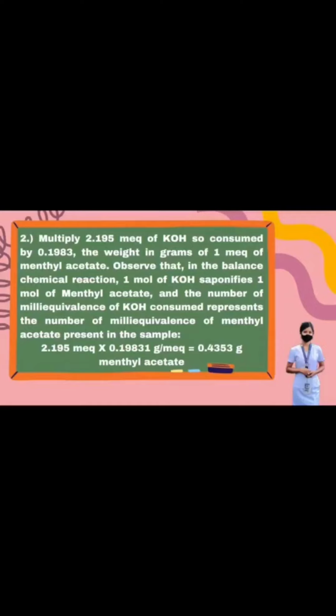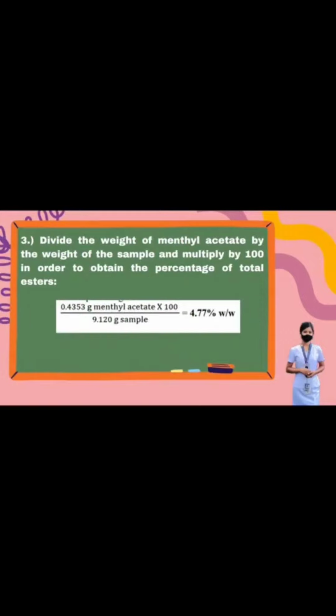Observe that in the balanced chemical reaction, 1 mole of potassium hydroxide saponifies 1 mole of methyl acetate, and the number of milliequivalents of potassium hydroxide consumed represents the number of milliequivalents of methyl acetate present in the sample. So, multiply 2.195 milliequivalents to 0.19831 grams per milliequivalent and the answer is 0.4353 grams methyl acetate.